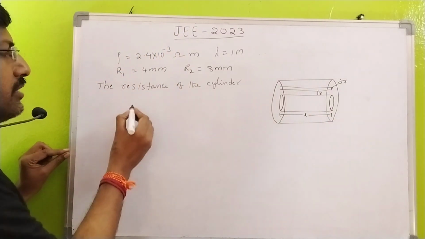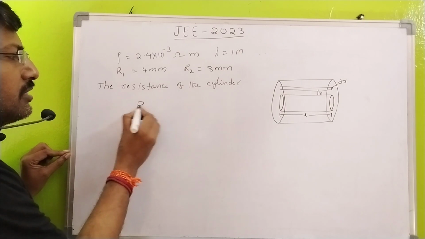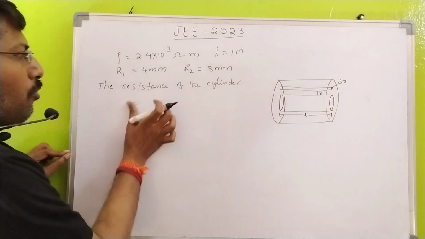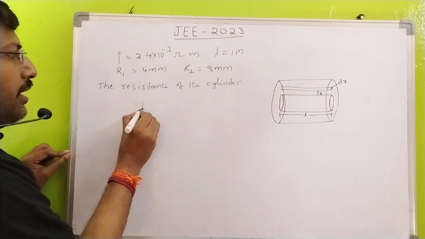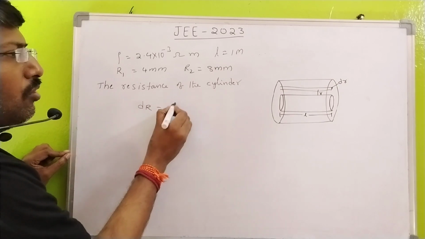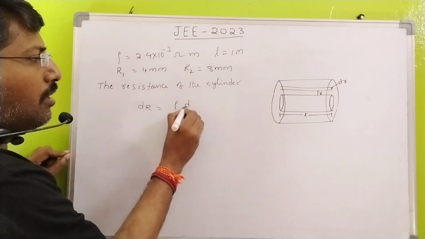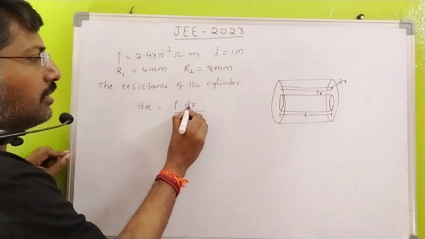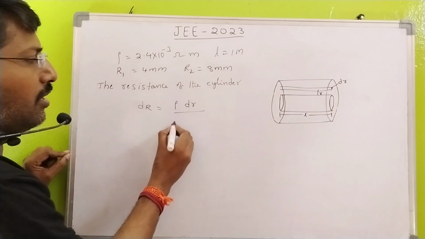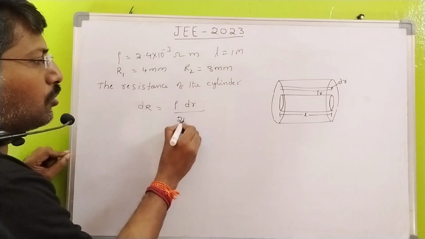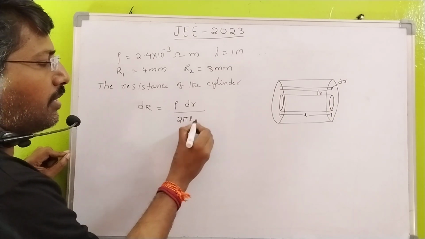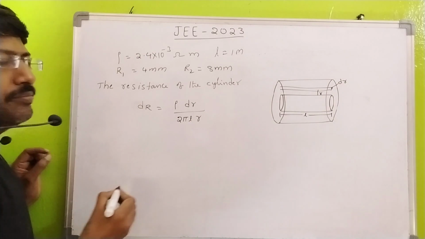See here, based on the formula, I will take this small portion. So here small r, resistance, is equal to rho dr by area. Area can be written as 2 pi L into r.